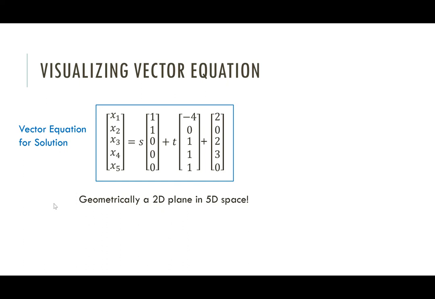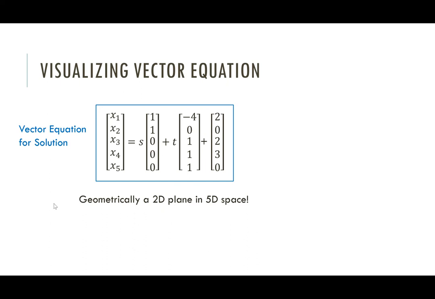And you might think that this is not something that can be drawn on just a 2D piece of paper or on a slide. And you'd mostly be right, but I'm going to try anyway, because I want to convince you that really this represents a 2D plane.